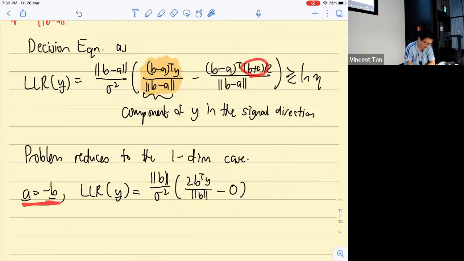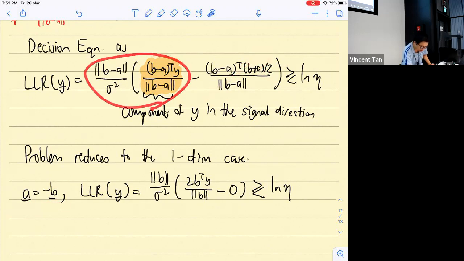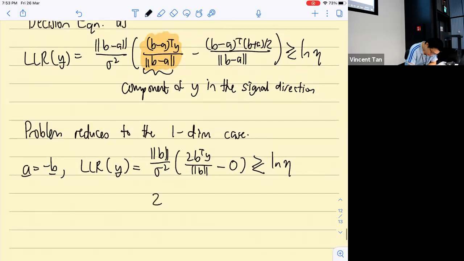I don't want to consider too many things. The book considers this in a more general fashion. If I take A to be equal to minus B, then this term vanishes, and all these can get simplified as well. So the decision gets reduced to 2B transpose Y over sigma squared compared to log eta.